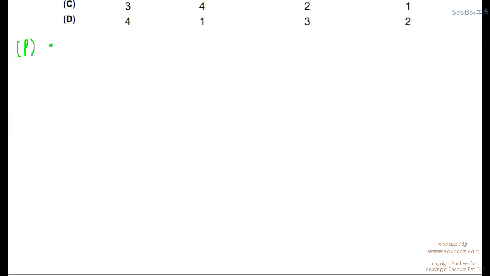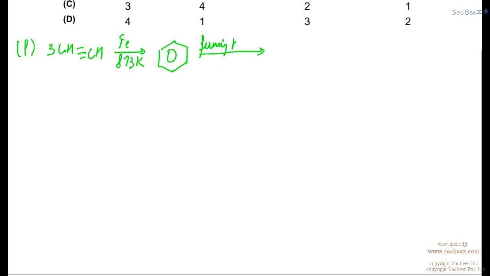In case of P, the reaction goes something like this: P, HC≡CH, in red hot iron at 873 Kelvin, gives us benzene. Now if treated with fuming HNO3, H2SO4 and heated, it gives us dinitrobenzene.